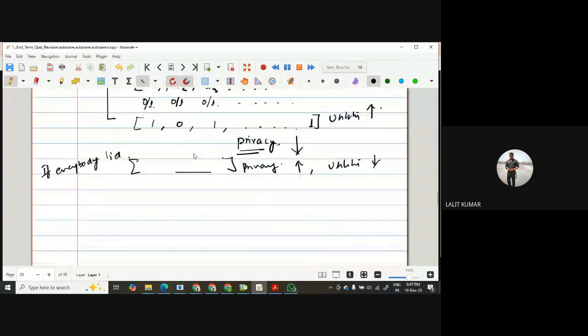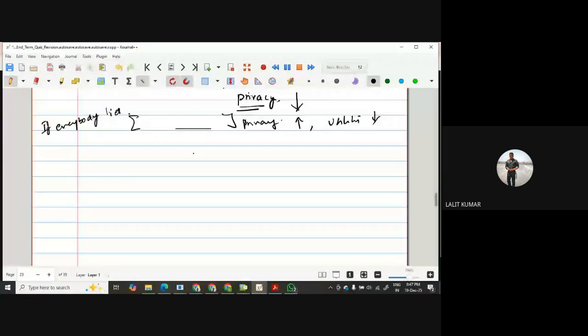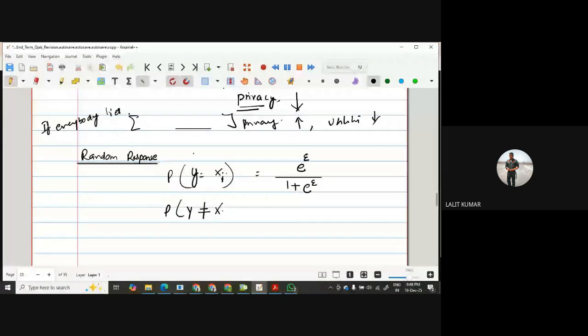Now, if we start with random response, it means that I will respond correctly with a probability. And what is that probability? That y is equal to xi, that is, I'm giving the correct response, and the probability is given by e to power epsilon divided by 1 plus e to power epsilon.